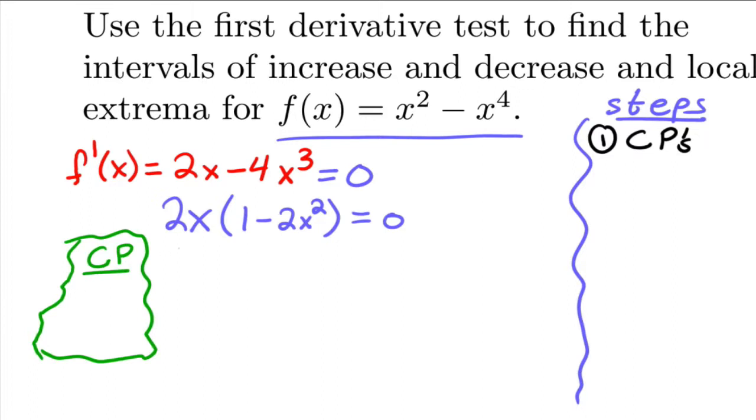I have, as a critical point, this one gives me x equals 0. And then when I set 1 minus 2x squared equals 0, bring the 1 over, divide by 2, I get x is equal to plus or minus the square root of 1/2. Okay, so that was great. So I found the critical points.